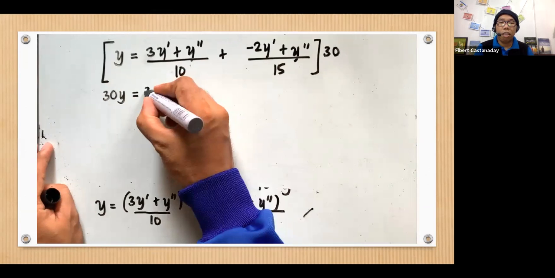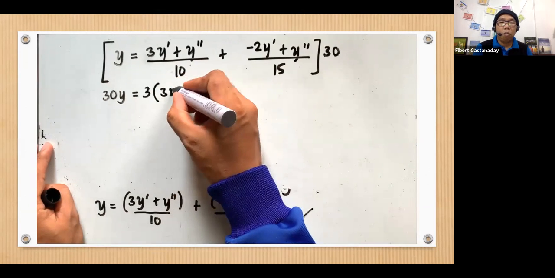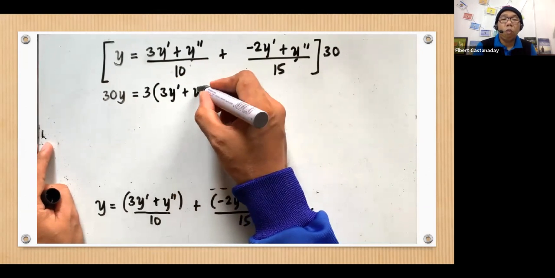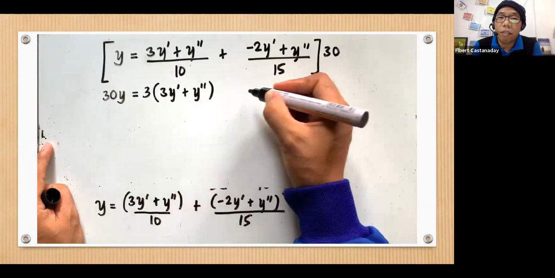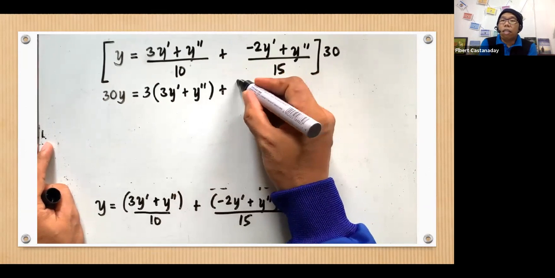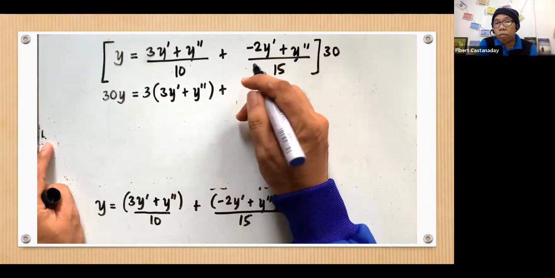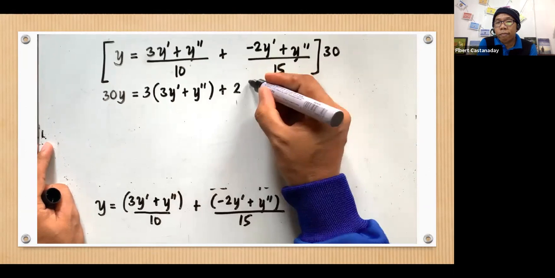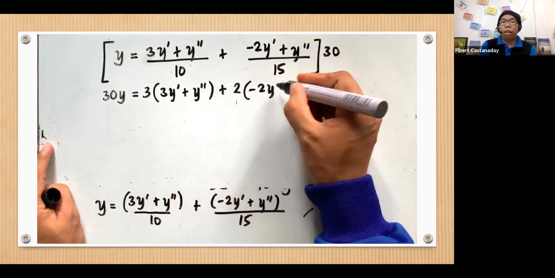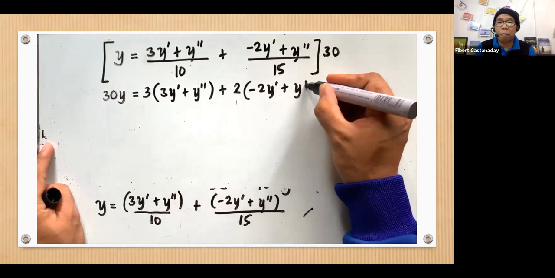So, you have 3 times 3y prime plus y double prime. Okay, so plus, again, 30 divided by 15 is 2 times minus 2y prime plus y double prime.